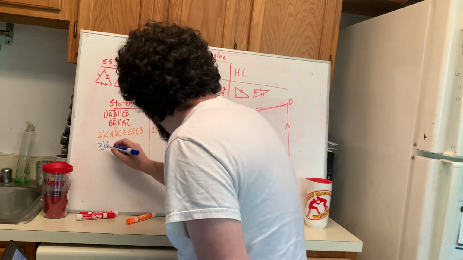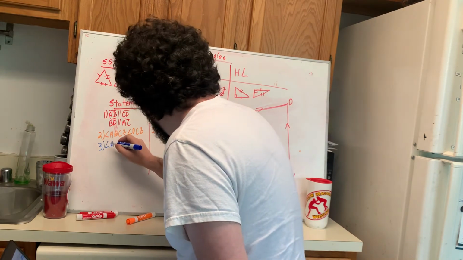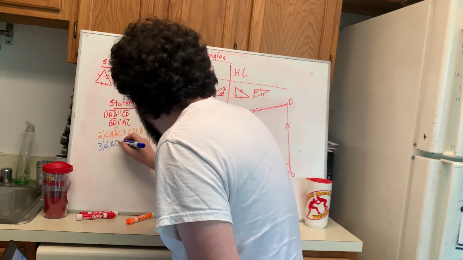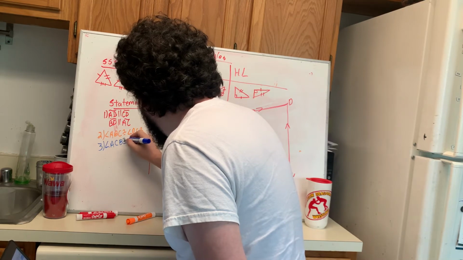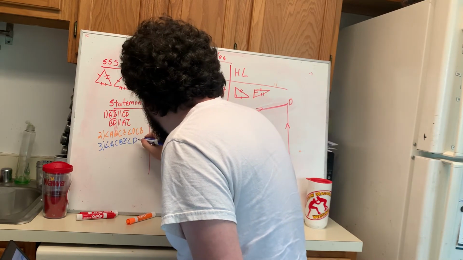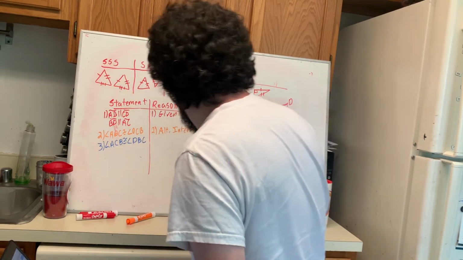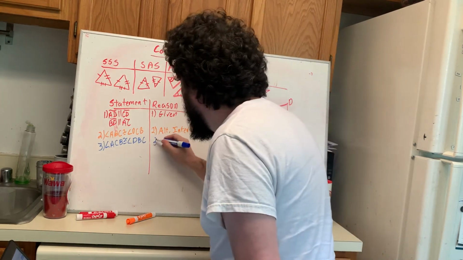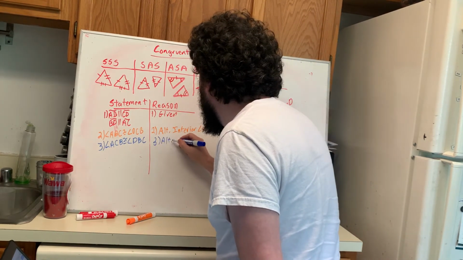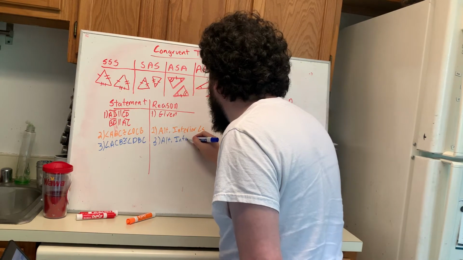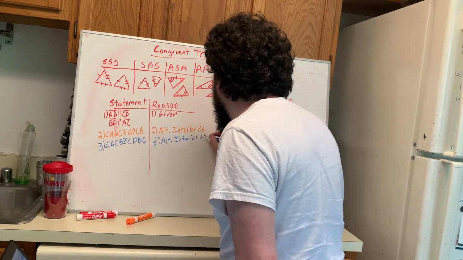So angle ACB is congruent to angle DBC because again they are alternate interior angles.